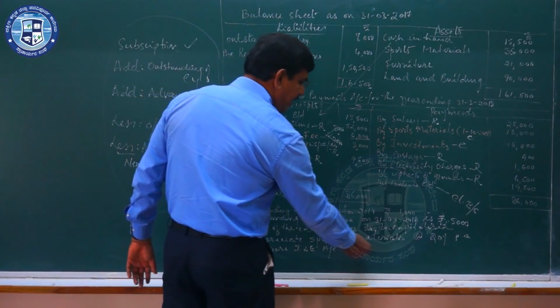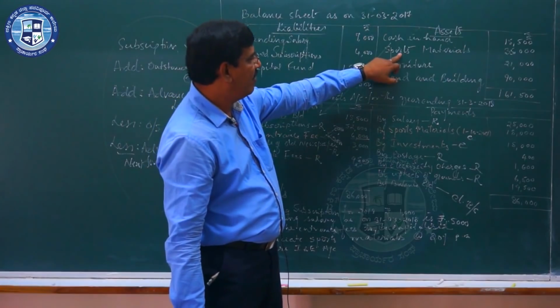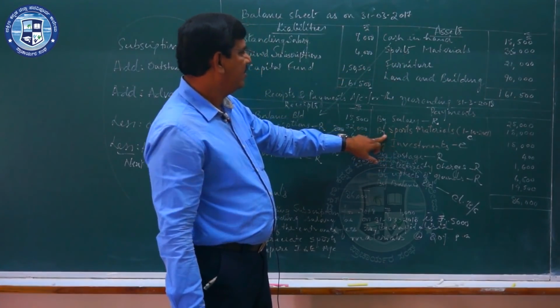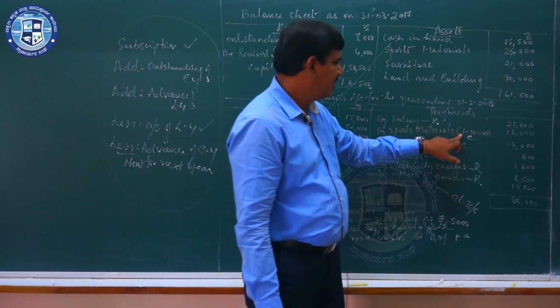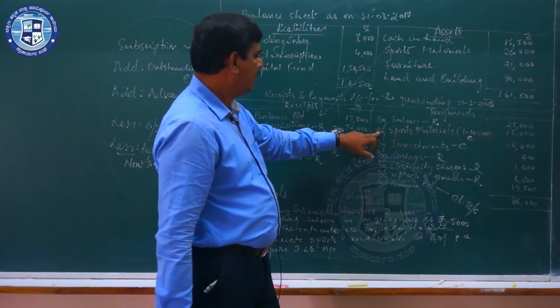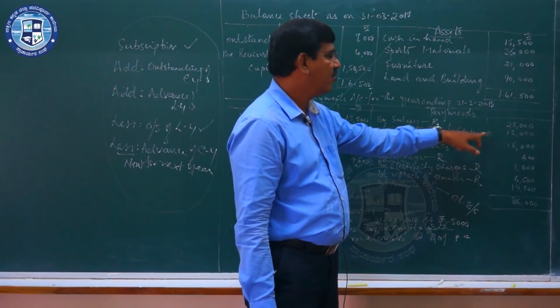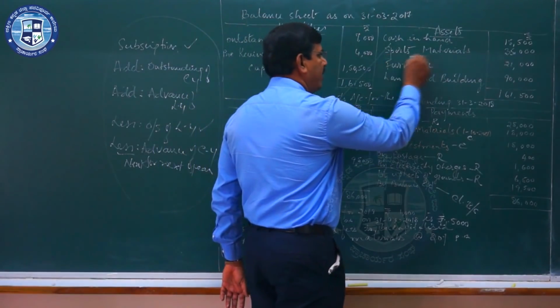Depreciate sports materials at 20%. Sports materials are given in the opening balance sheet, and in the receipts and payments account also sports materials with the date of purchase are given. In the receipts and payments account, sports materials with the date 1/10/2017 is given. So this is the opening balance.